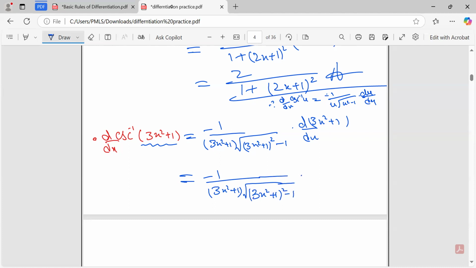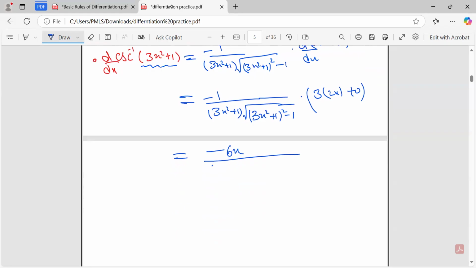The derivative of 3 stays as it is, the derivative of x square will be 2x and the derivative of the constant will be 0. So this will be minus 6x over 3x square plus 1 times square root of 3x square plus 1 whole square minus 1. This is how we take the derivative of cosecant inverse, and instead of x you can have any function.